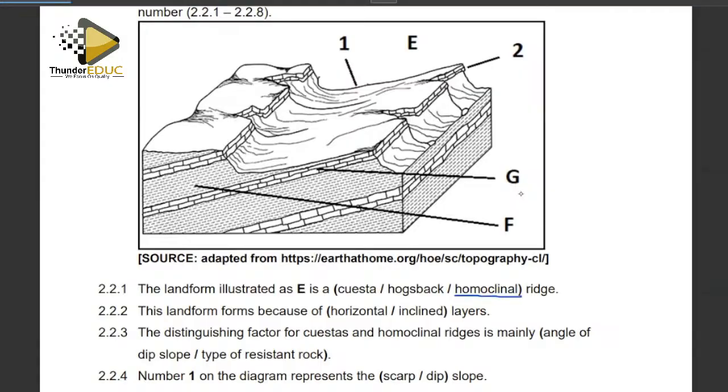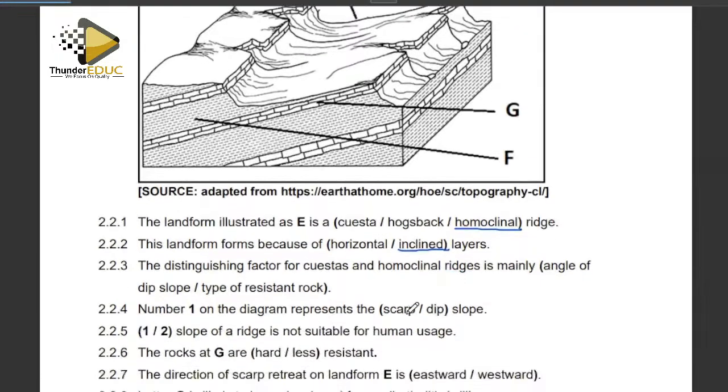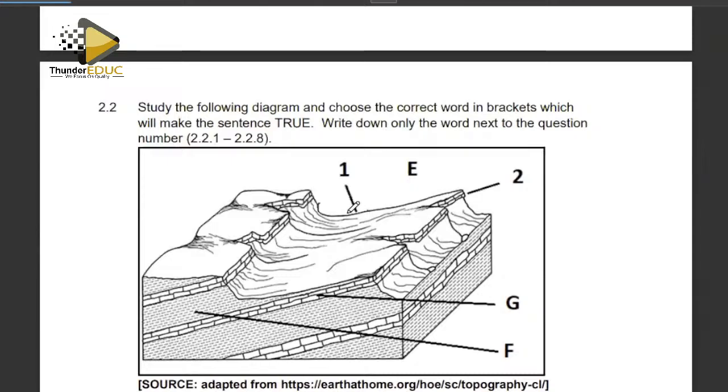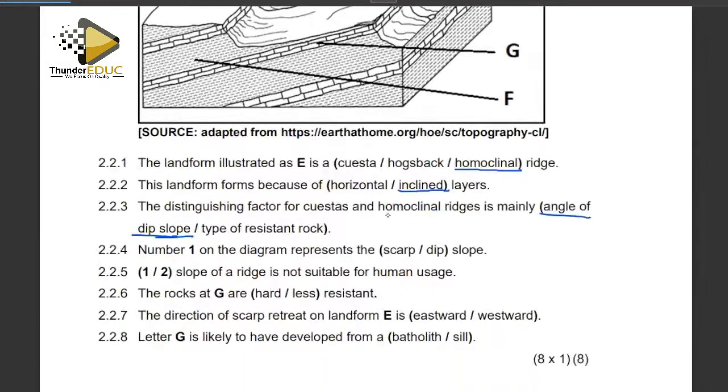This landform forms because these are inclined rocks. The distinguishing factor of cuestas and homoclinal ridges is mainly the angle of the dip slope. It is the one that determines how steep it is. Right, the number 1 on the diagram represents, if you check number 1, this side which is gently sloping, it's a dip slope.